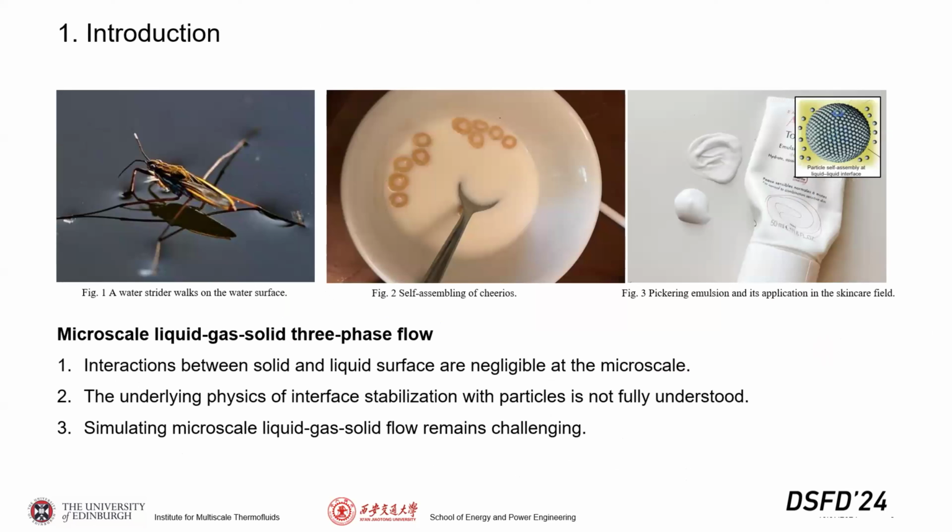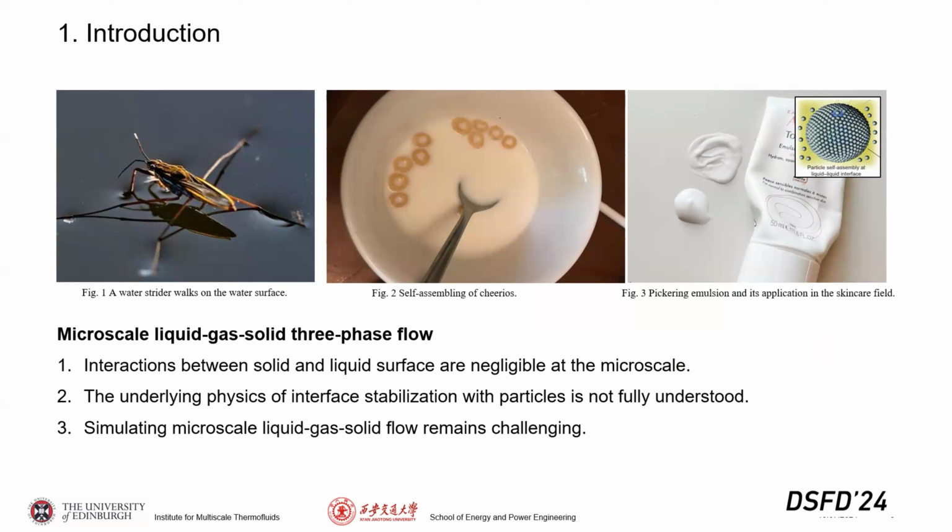The liquid gas solid three-phase flow can be commonly seen in our daily life, in nature, and in industry applications. At the micro scale, the surface tension can dramatically affect the dynamics of the solid part.